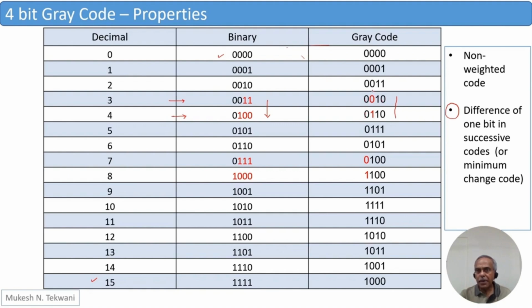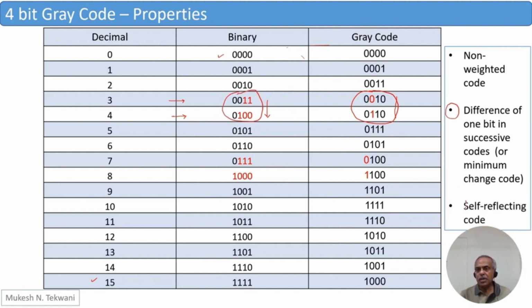So if you compare these two Gray codes of successive values, there is a change of only 1 bit, and therefore we say it's a minimum change code. But when you compare it for binary, the change was as much as 3 bits changing at the same time.